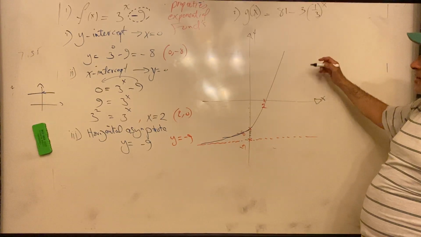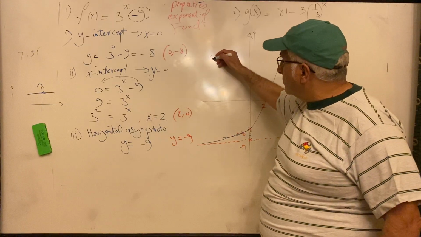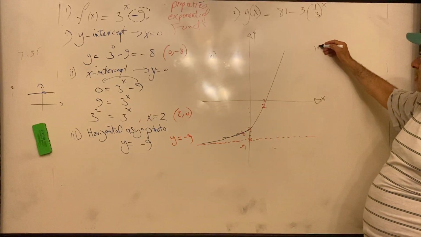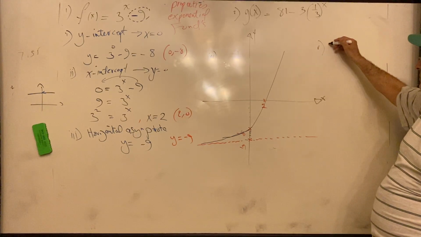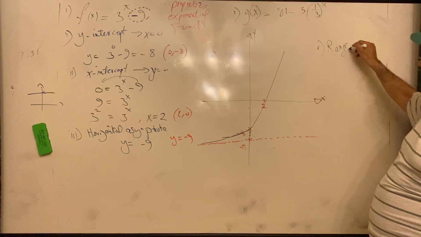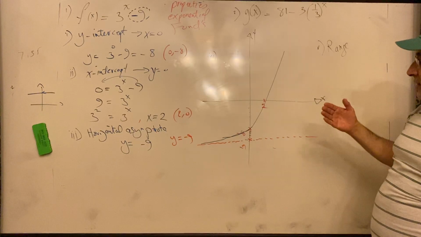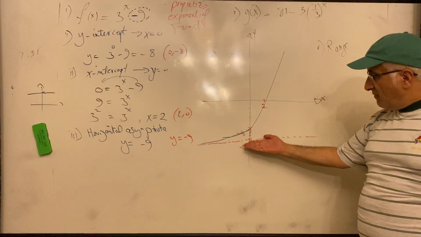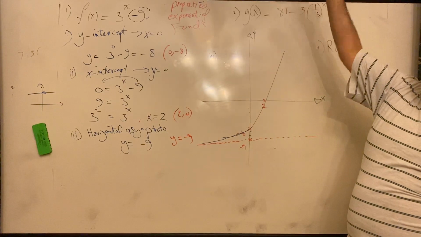This helps me in two ways. The first is how you sketch the curve. From sketching the curve, I can find something called the range. How can I find the range of that curve? Range means y, from the word ranging. Everything above -9 goes all the way up.